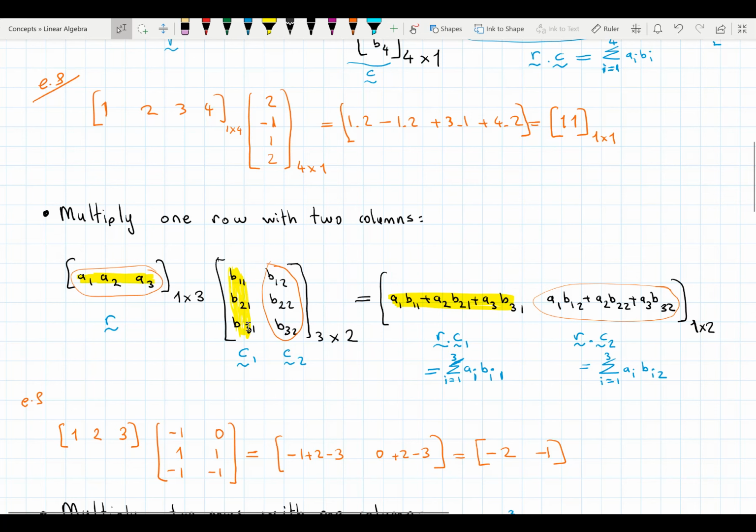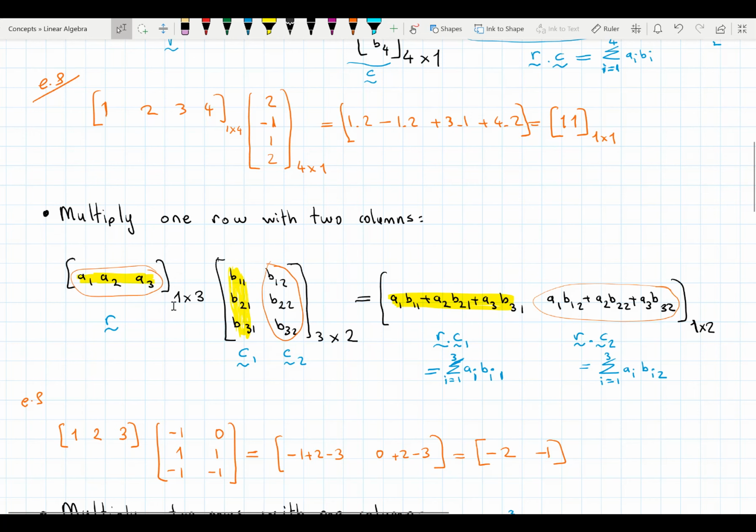A1 times B11 plus A2 times B21 plus A3 times B31 will give us this entry, right? And this row with this column will give us this entry: A1 times B12 plus A2 times B22 plus A3 times B32 will be this number.